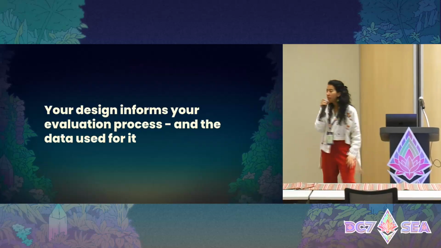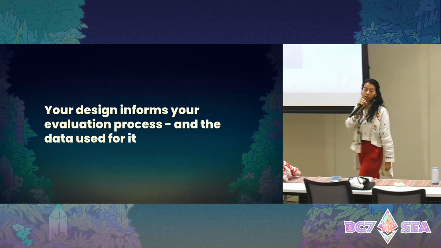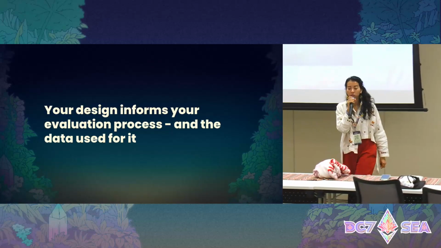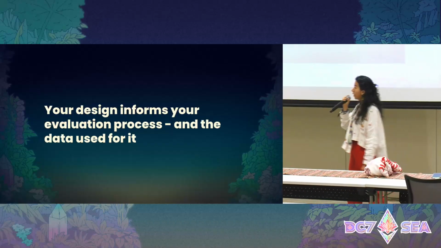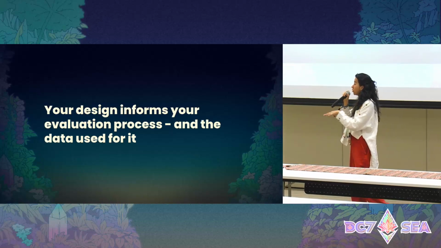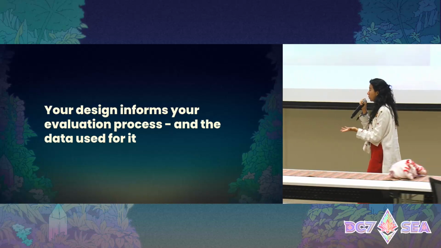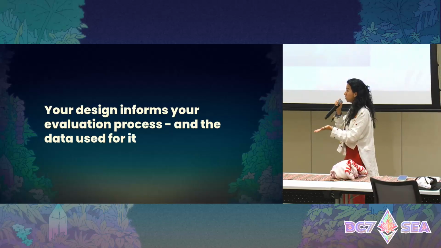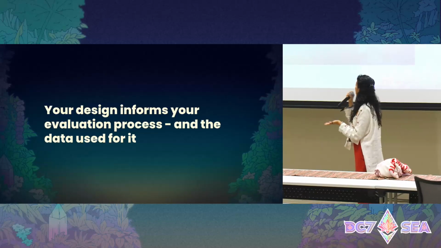And as I mentioned to both of the teams, the way in which you're designing your round is going to inform the evaluation process that voters are going to be able to complete when you are giving them information to decide who the funds should be allocated to.